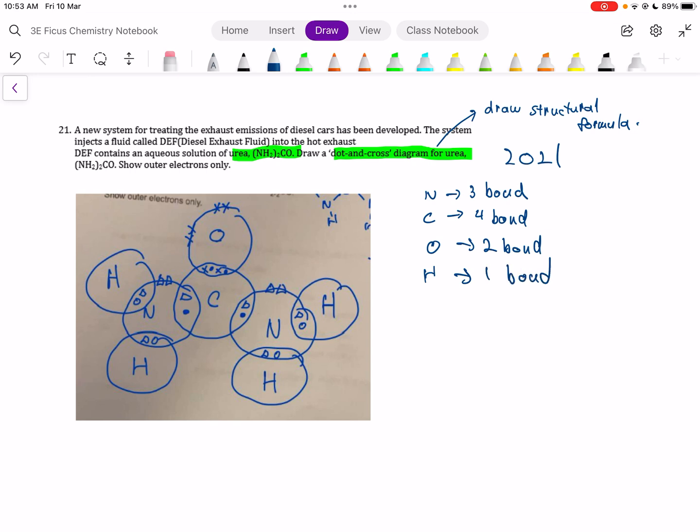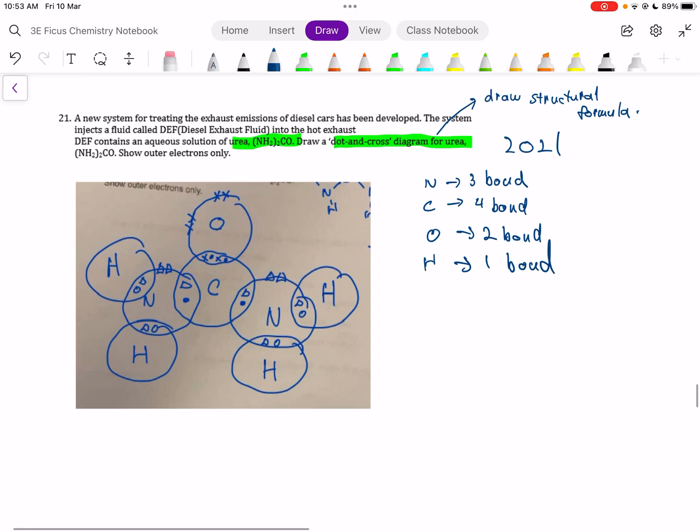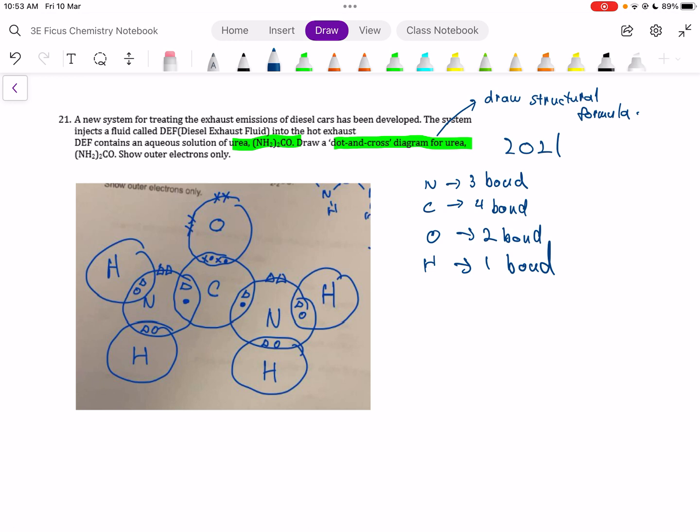So the tip here, you probably do a few rounds of trial and error. Usually the center one is the one with the most bonds. Then after a few rounds of trial you might start doing things like this. Then you realize, hey, might not have enough bonds to go around.